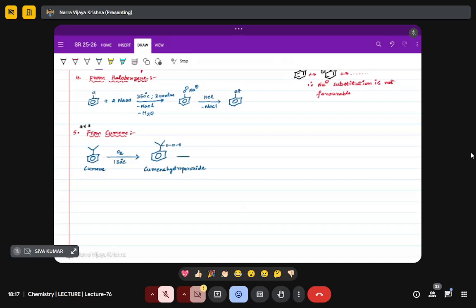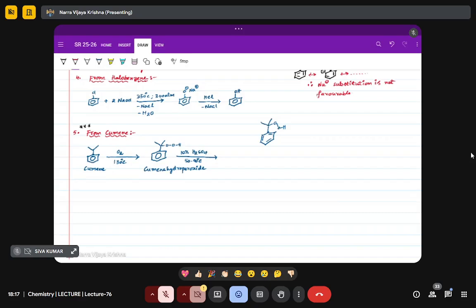Now, this on heating with sulfuric acid at around 50 to 90 degrees centigrade, the bond will cleave here. There is some sort of rearrangement. Observe this. It undergoes rearrangement like this. I am writing this like this, OOH. One minute, let me write that ring also.